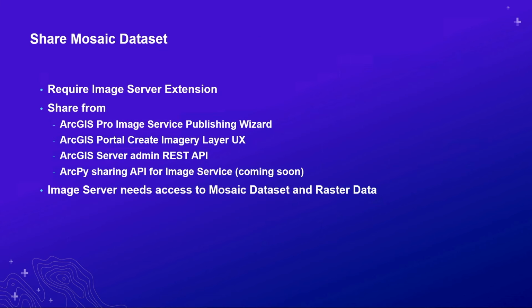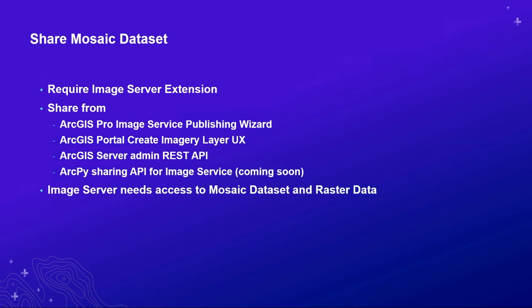Now, sharing a Mosaic dataset is similar to sharing a single raster dataset. The difference is it actually requires the image server extension. Again, you can share the Mosaic dataset from the ArcGIS Pro image service publishing wizard. You can also share a Mosaic dataset through ArcGIS portal, using the create image layer experience. And today, through the demo, we're going to talk about how you can automate sharing and managing Mosaic dataset workflows using the ArcGIS Python API.